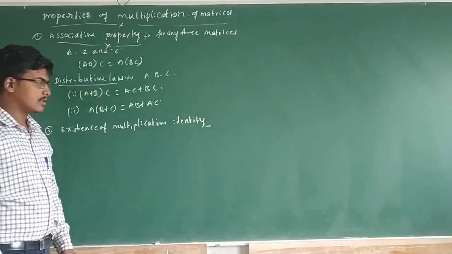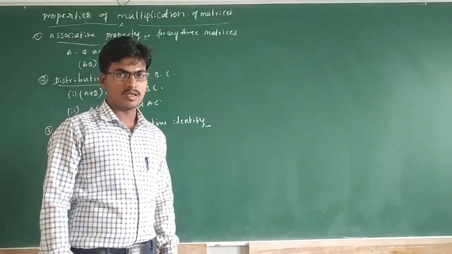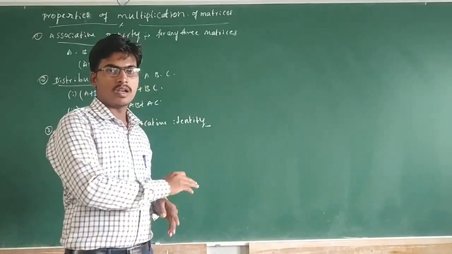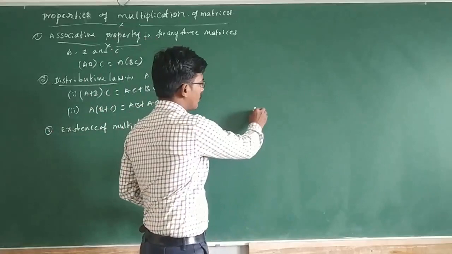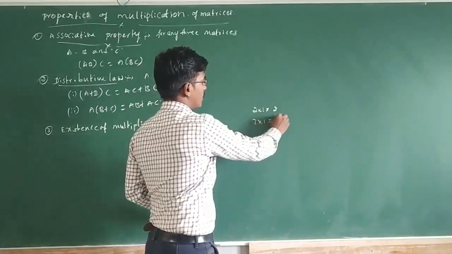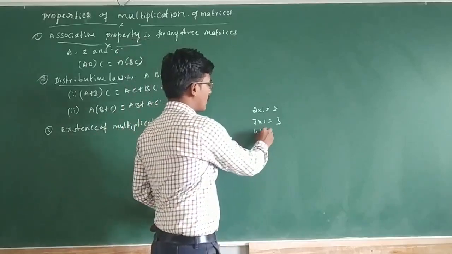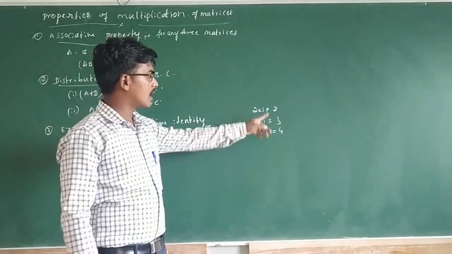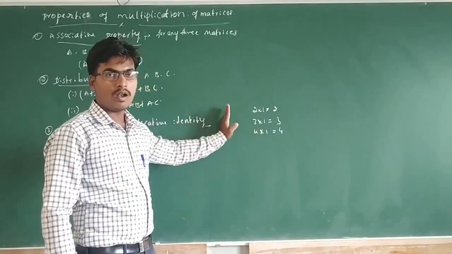Already you know that one is called the multiplicative identity, because whatever number we multiply by one, we get the same number. Suppose 2 is multiplied by 1, we get 2. 3 multiplied by 1 gives 3. 4 multiplied by 1 gives 4. So 1 is called the multiplicative identity for all numbers.